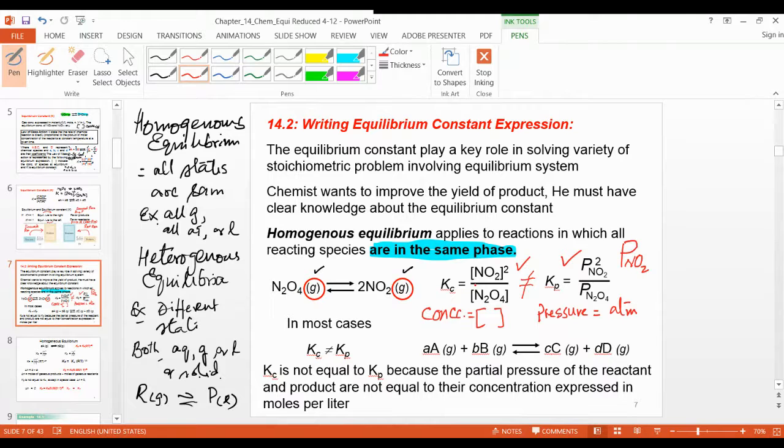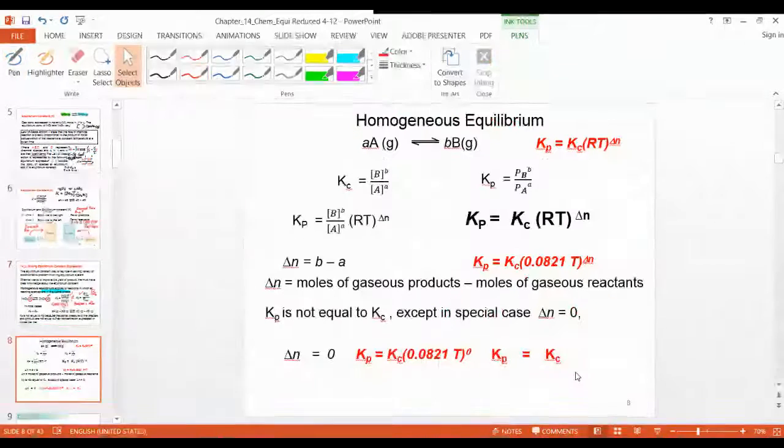The reason is Kc is not equal to Kp because the partial pressures of the reactant and the product are not equal to their concentrations expressed in moles per liter. So how do we express that?